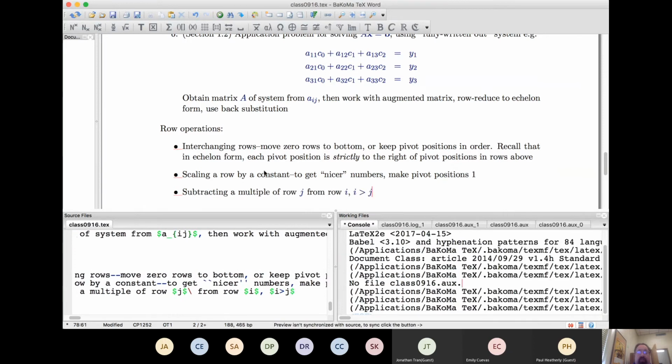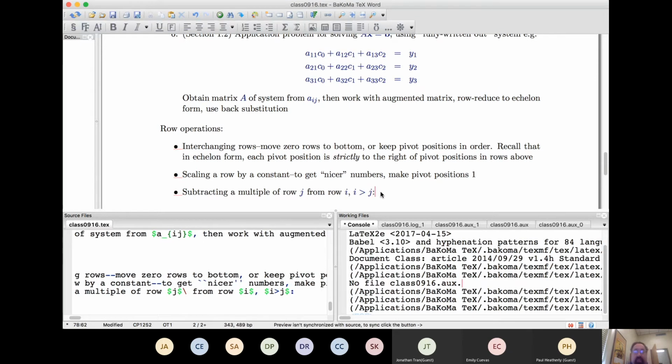So whatever row you're scaling to subtract from a row, it's always a row that's below it. To carry out this elimination, this is to get to echelon form. I'm not talking about reduced echelon.